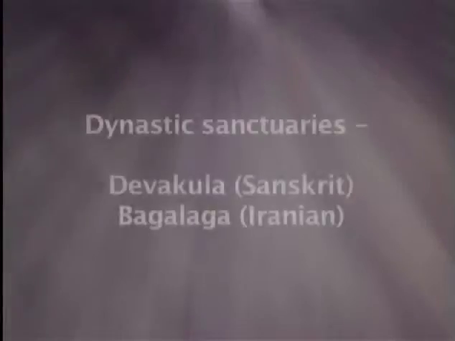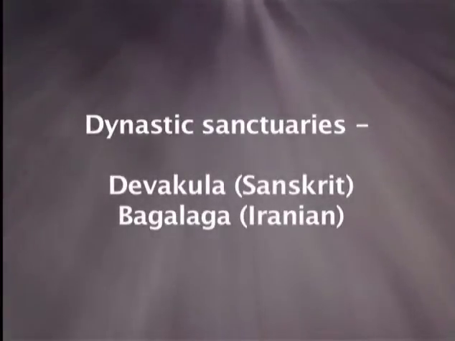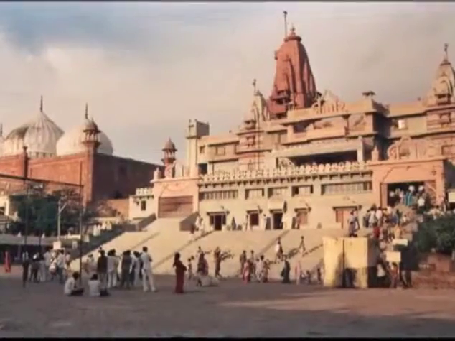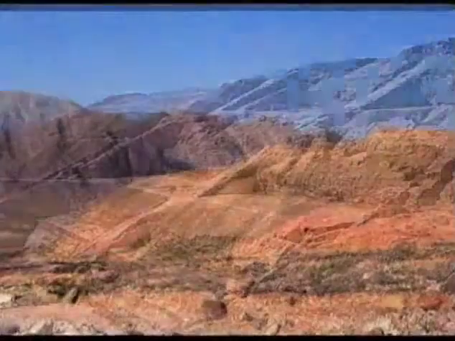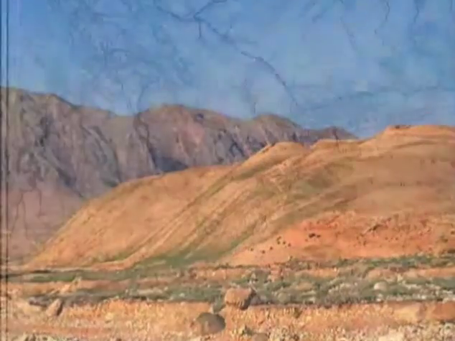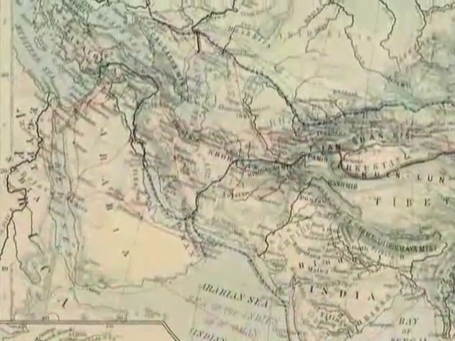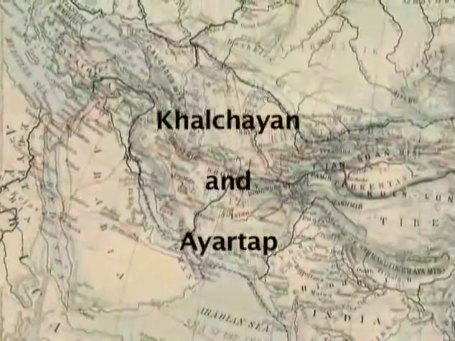They established, at least at 5 places, dynastic sanctuaries, which were called in Sanskrit Devakula and in Iranian and Bactrian language as Bagolaggo. These were located at Mat near Mathura, at Surkh Kotal in Afghanistan, at Rabatak in Afghanistan, and 2 places in Central Asia, Khalchayan and Airtam.